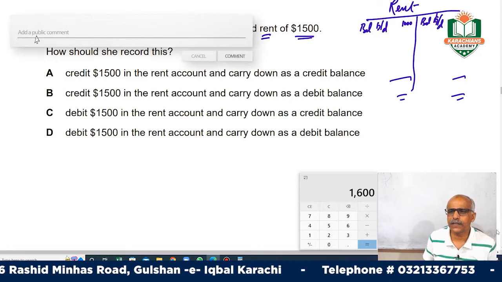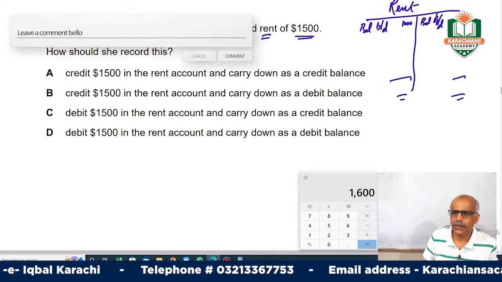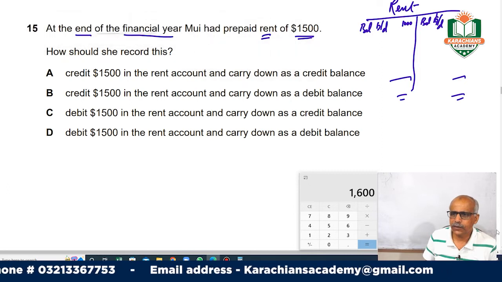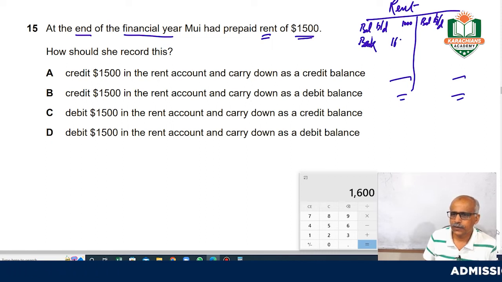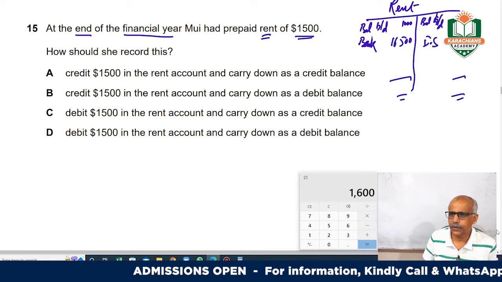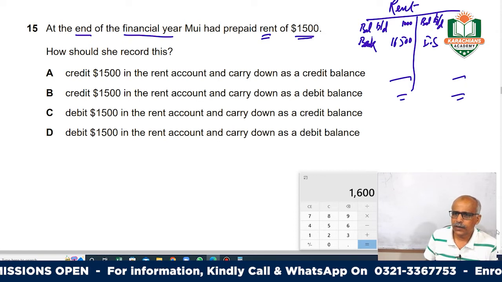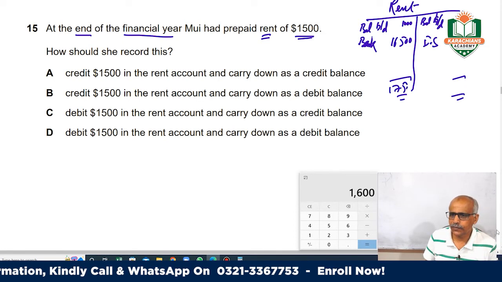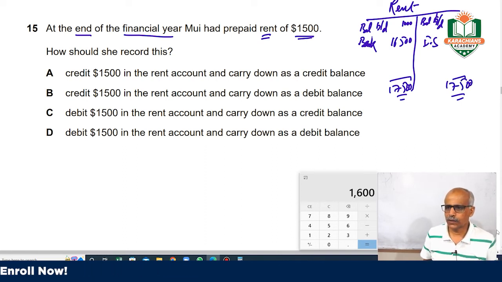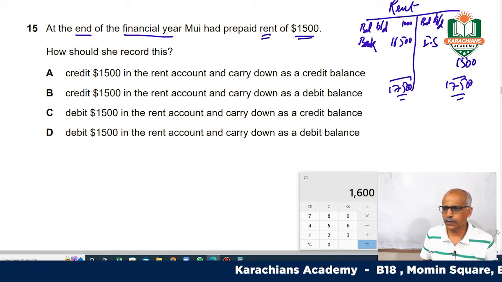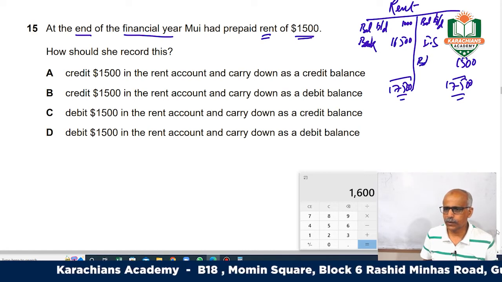Prepaid is only possible when you have more on the debit side. Some rent you paid by bank, 16,500, and you charge 15,000 to the income statement. Ultimately this will be 17,500. If you deduct this 17,500, the debit balance will be brought down.